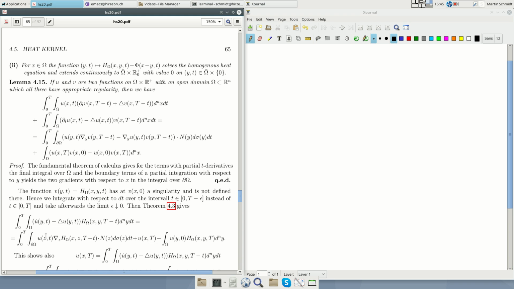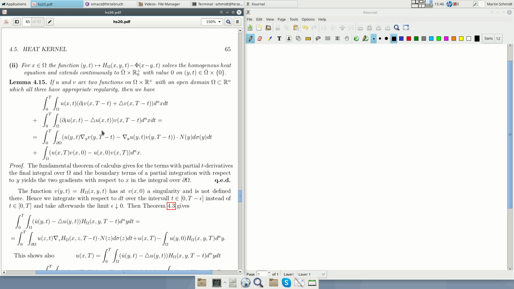This here is this boundary term. This term here vanishes, since the heat kernel vanishes on the boundary, by the first property. So this term vanishes and this term vanishes.